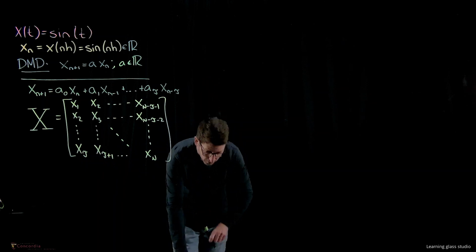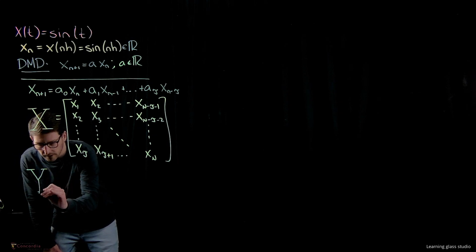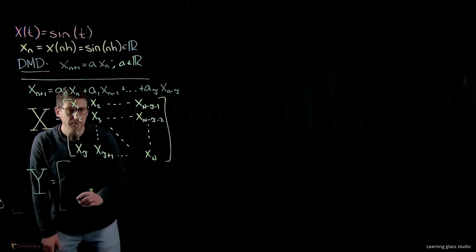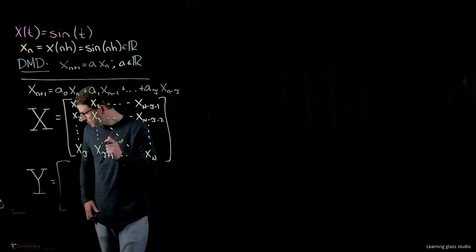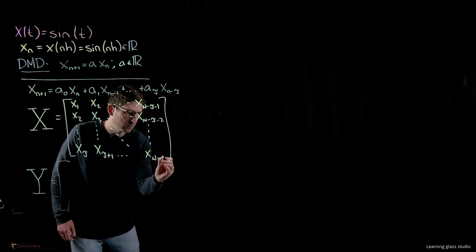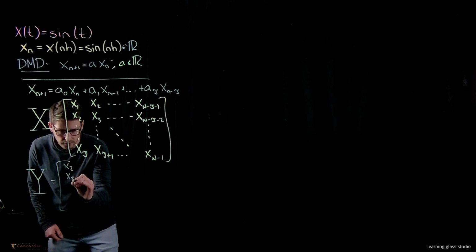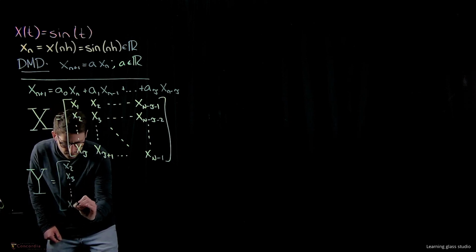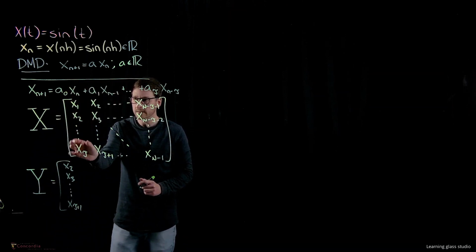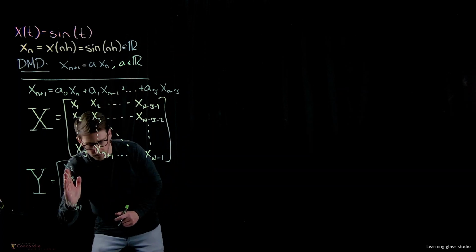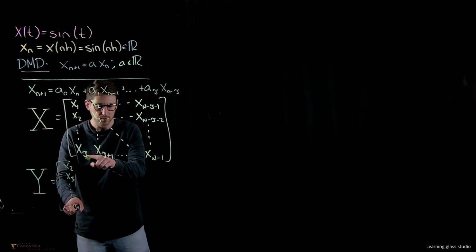And of course, if you want to throw DMD at this, that means that you are going to have the next time coordinate, which again will be captured in a huge matrix, and it's just going to be this shift here. Sorry, this goes up to n minus 1, pardon me. And then this would be x2, x3, all the way forward to x tau plus 1. And that comes from the fact that you want this column right here, its next advanced in time is this column right here. x1 goes to x2, x2 goes to x3, x tau goes to x tau plus 1.